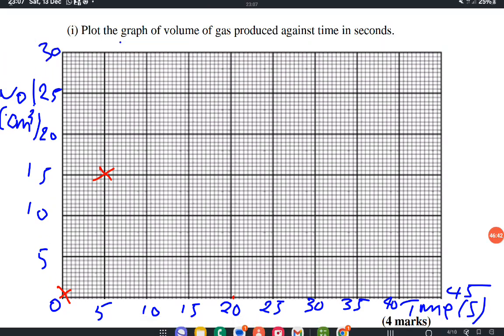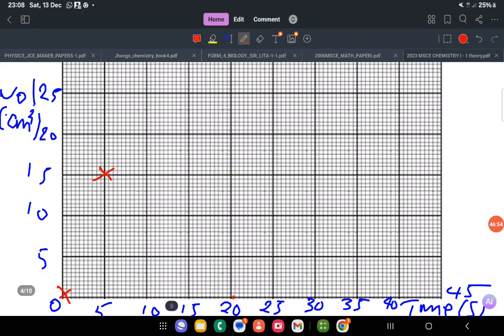First of all, what is the value of each division? We need to determine that. From 0 to 5, there are 10 divisions. That means each is 0.5. Each small division is 0.5.